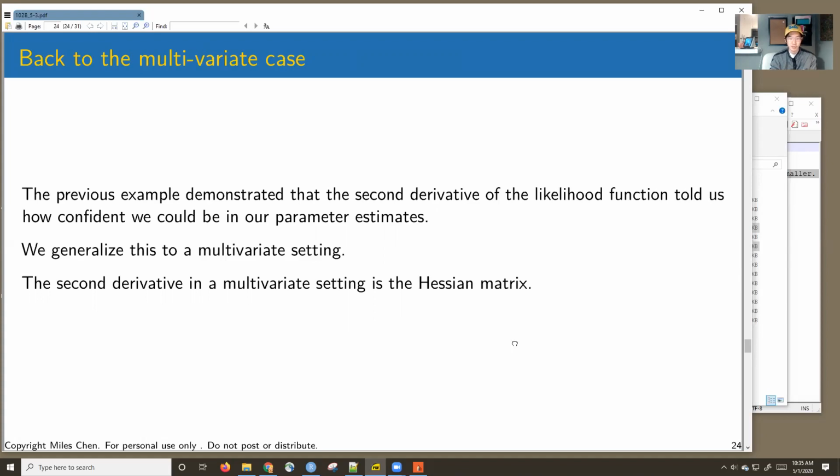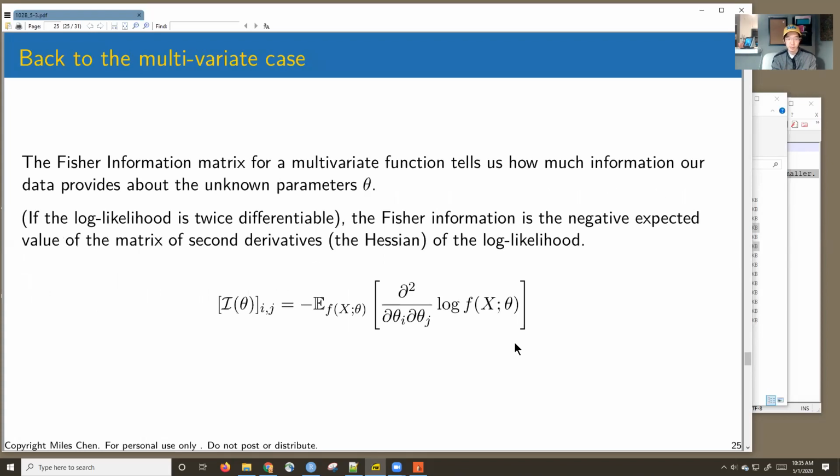So, assuming the log likelihood is twice differentiable and that you can get this Hessian matrix, then the Fisher information is the negative expected value of the matrix of second derivatives of the log likelihood.